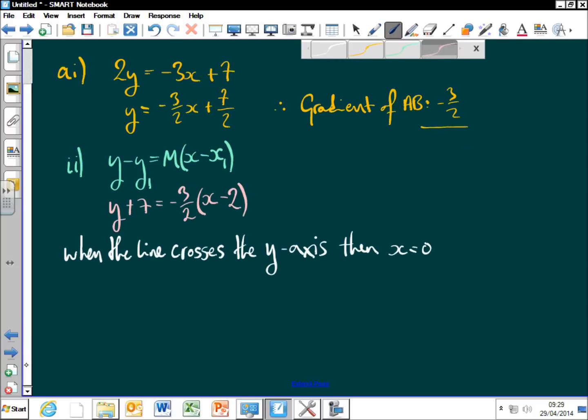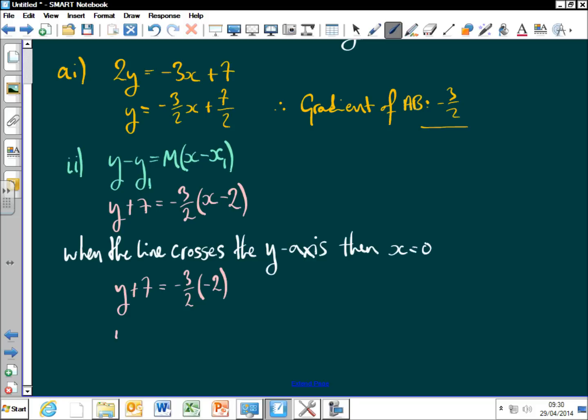So therefore, y plus 7 is equal to -3 over 2 multiplied by 0 minus 2, so that's just -2 in there.